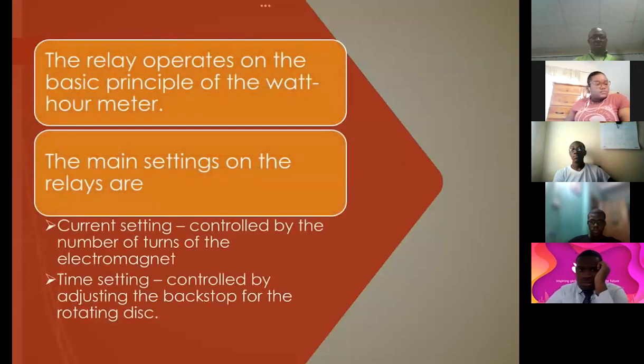So, key students. When we are setting our overcurrent relay, there are only two values we are looking for. I think we have already spoken about that. We're going to give the current setting, which we already know, the tap setting, and we're going to give a time setting.